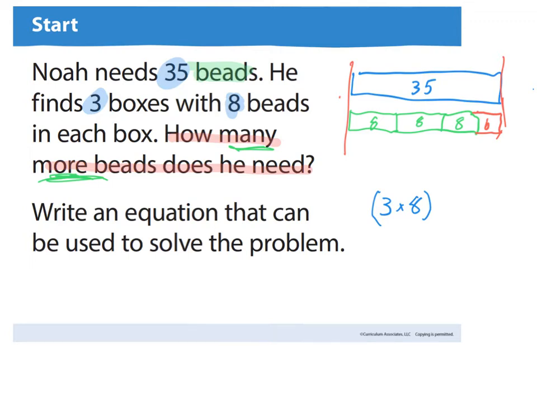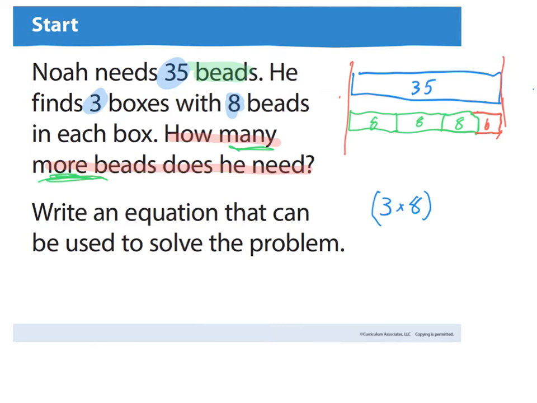So we'll subtract to find our answer. Once we figure out how many beads he has, we'll subtract from that. And the only number that's left is 35. So we figure out how many beads he finds, take that away from how many he needs, and that'll give us how many he needs to find to meet his goal, right?